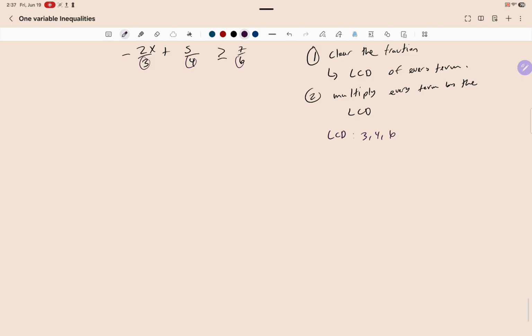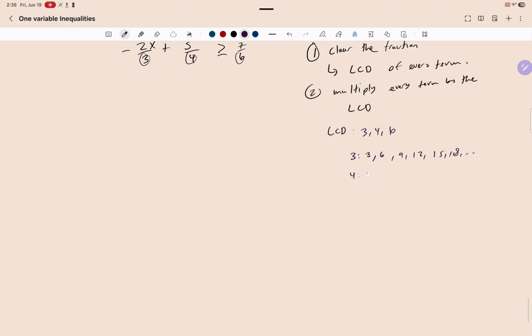And there's multiple ways of doing that. One of the easiest ways is to list the numbers out and then list their multiplication table out. So for 3, we have 3, 6, 9, 12, 15, 18, etc. For 4, we have 4, 8, 12, 16, 20, 24, 28, etc. And for 6, we have 6, 12, 18, and 24.